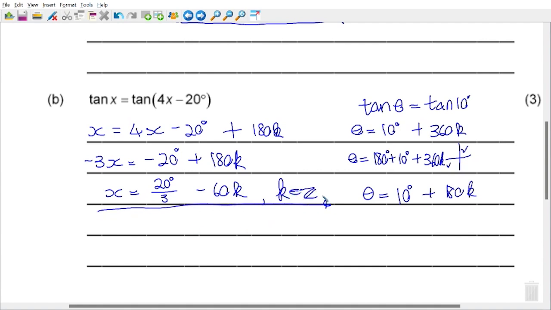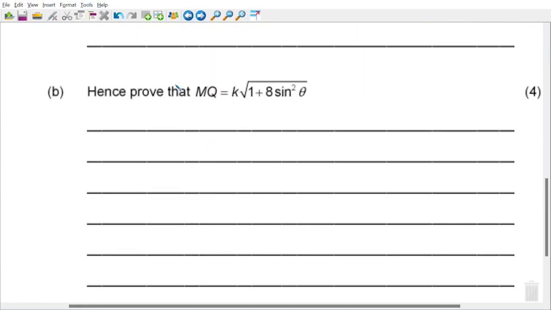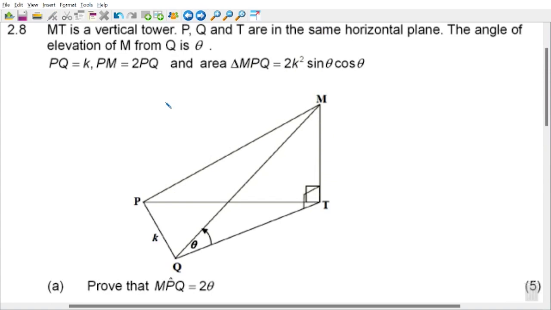Okay, right. Onwards and upwards, we're going to get into some solution of triangles. So we are told the size of the area of this front face of this three-dimensional shape. That area is 2k squared sine theta cos theta.